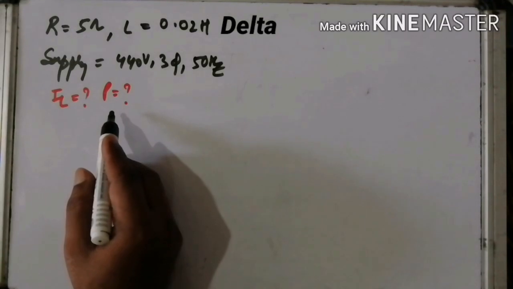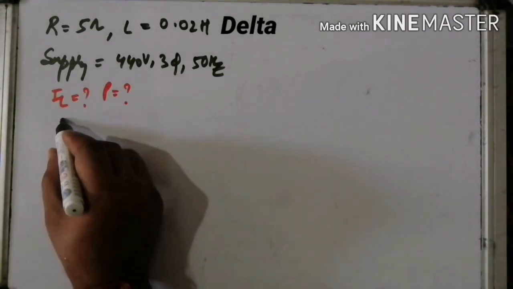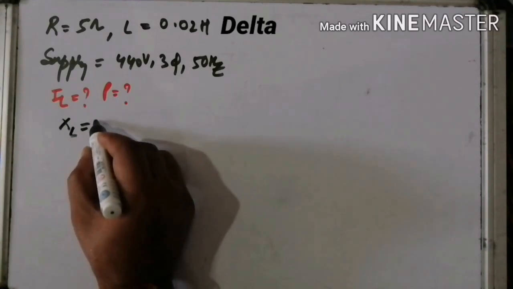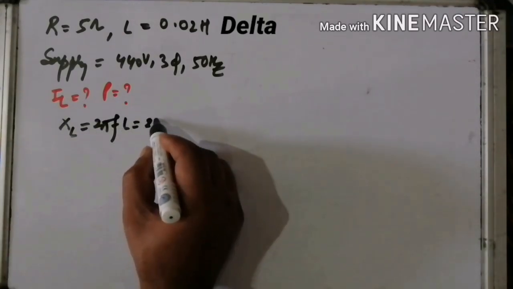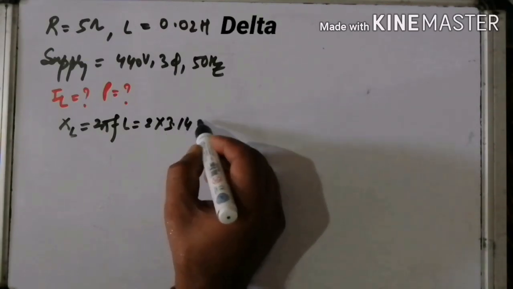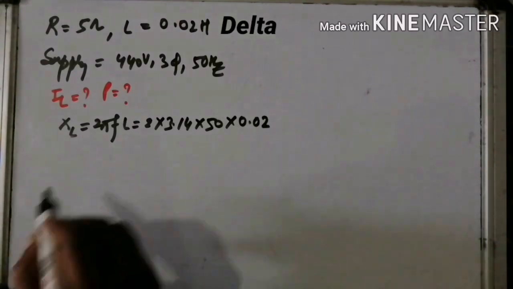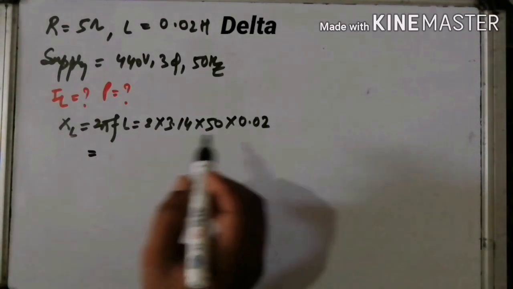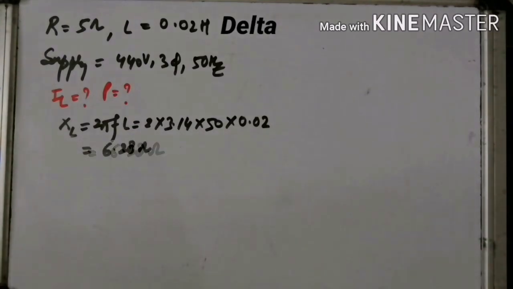Calculate line current and power. Okay, first of all calculate XL, which is nothing but 2 pi FL, 2 pi F and L. After this it is 6.28 ohm.